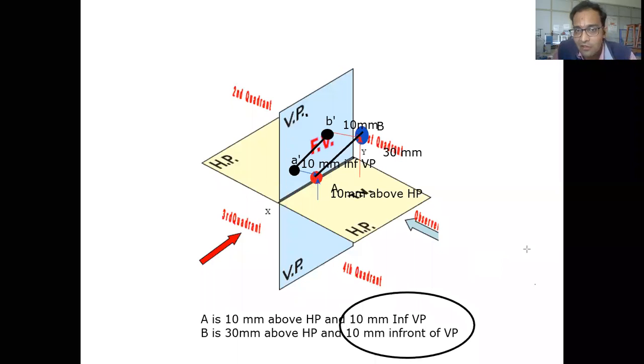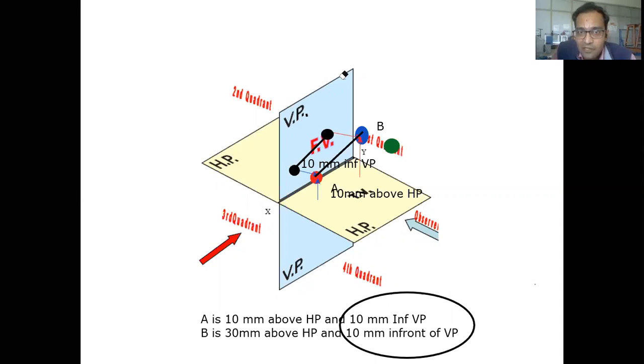Let me show that one also to you. If I am noting a third point C over here, I hope you are able to see it now. Point C is presented over here. And for point C, the data I use is expressed like this.